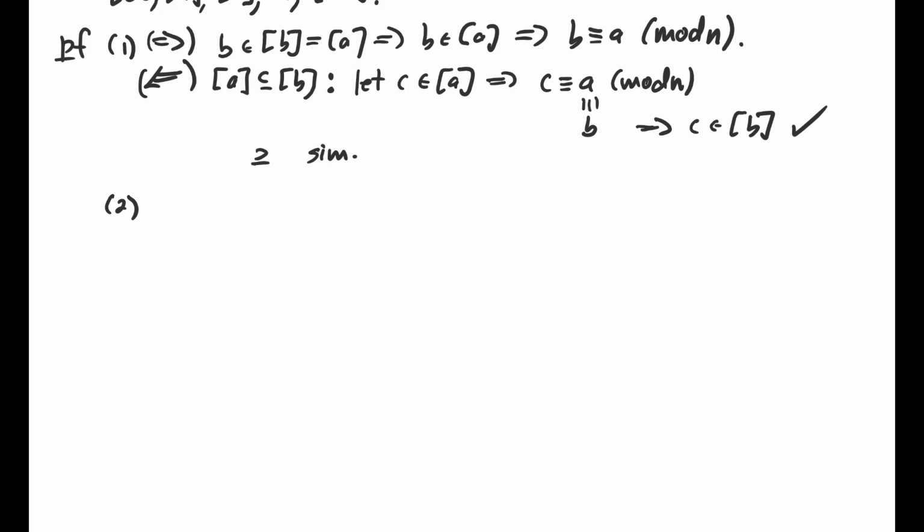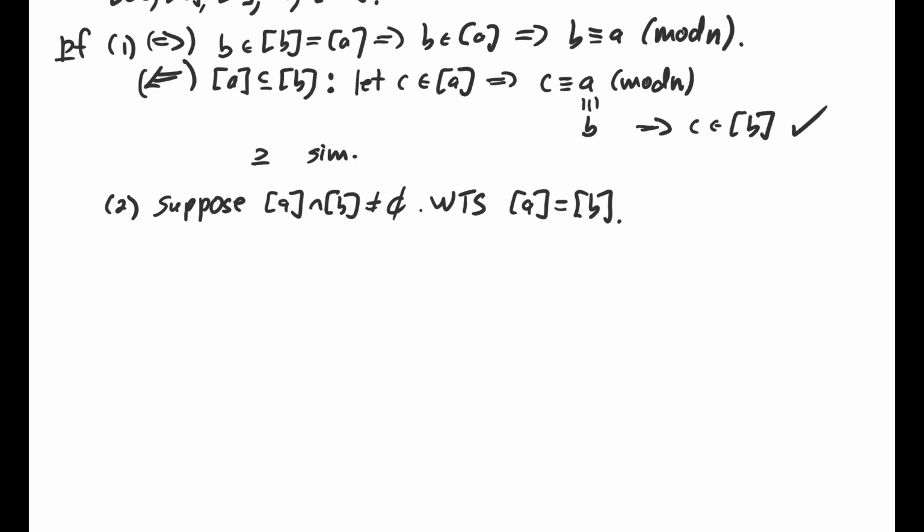All right, part 2, we want to show that congruence classes are identical or disjoint. So suppose we're in the case where they're not disjoint. This means the intersection of A and B is non-empty. We want to show this implies that, in fact, those two sets are equal. And that'll finish up part 2 if we establish that.